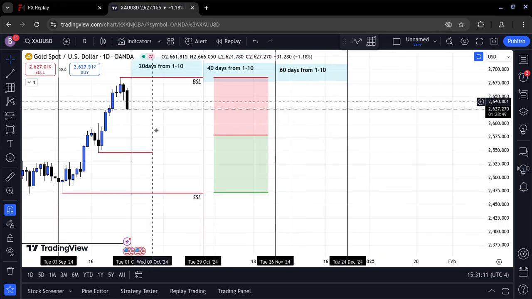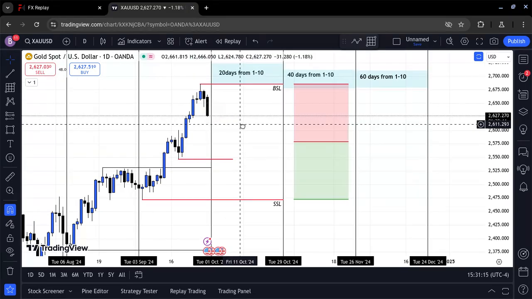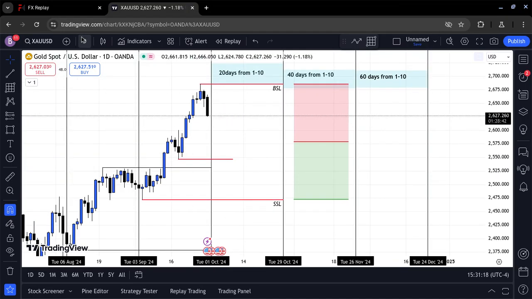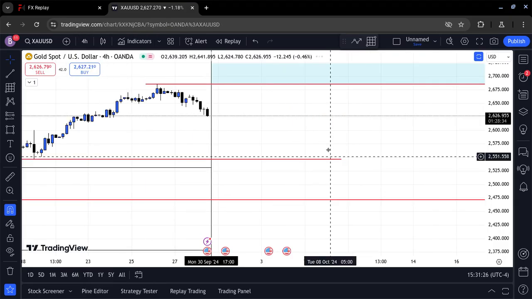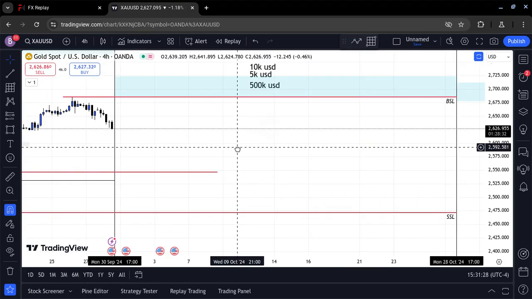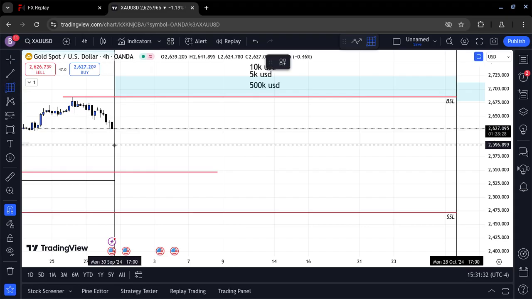It's just a confluence. So simplifying it, how you will see and use the turtle soup and CRT, you will always look for it in the third quarter of any particular time frame. Let's suppose from here till the first week.